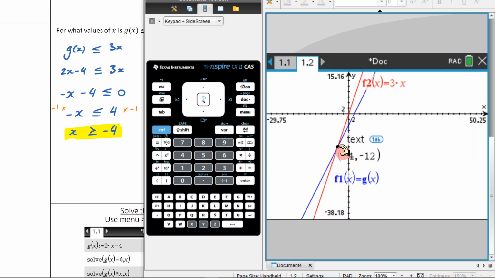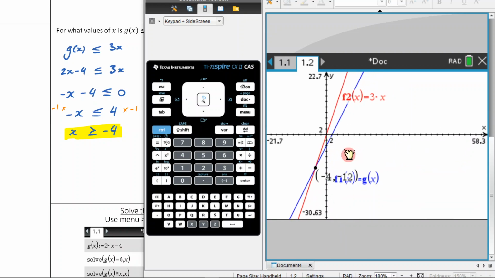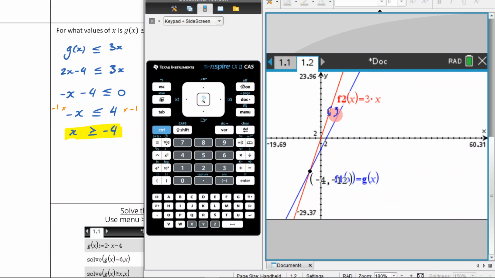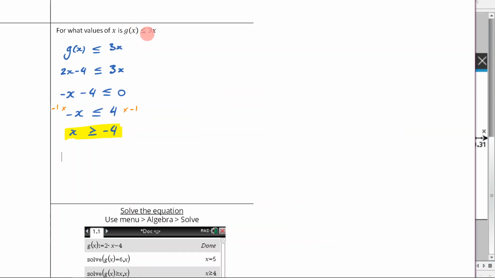Do you see that when x is greater than or equal to -4, my blue line is under my red line, and this red line is 3x. So that's how we can think about it graphically. When x is greater than or equal to -4, my blue line, which is g of x, is under my red line, which is 3x, and therefore it's less than it. So g of x is less than or equal to 3x when x is greater than or equal to -4.